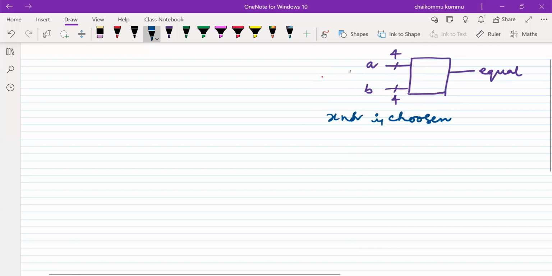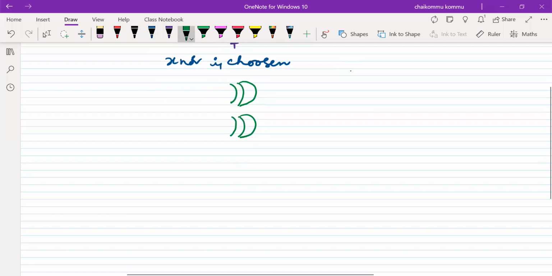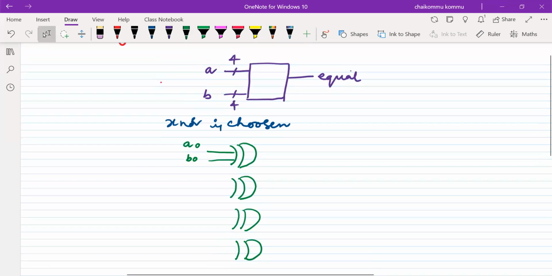So I'm going to draw the diagram now: XNOR gates 1, 2, 3, and 4. Let me consider this is called A naught, and this is B naught. Why I'm saying like this?